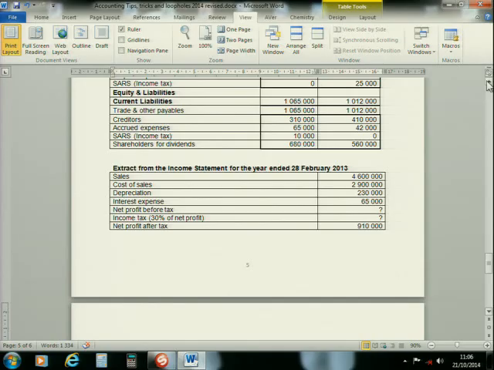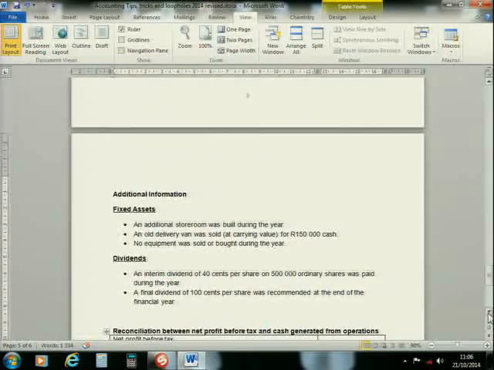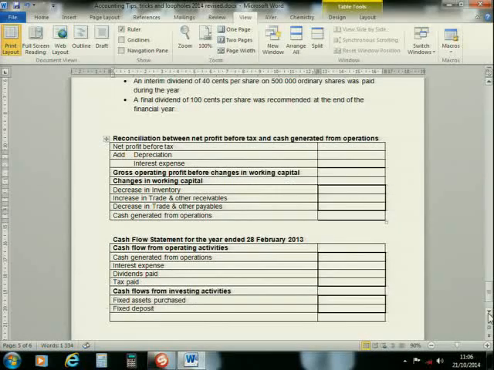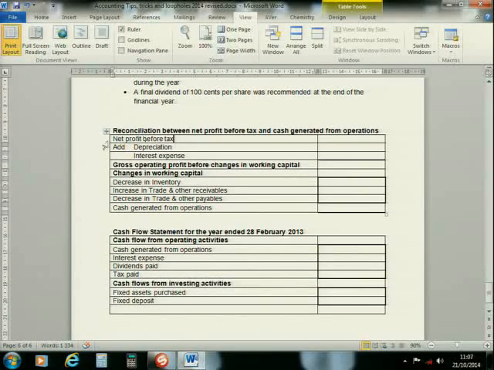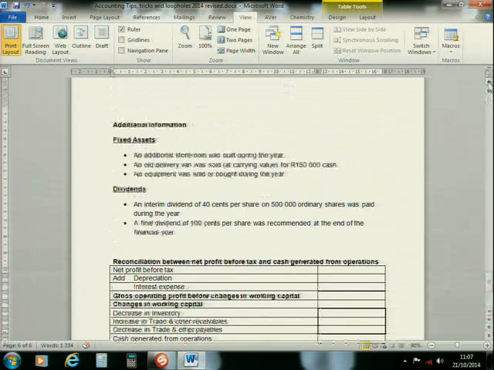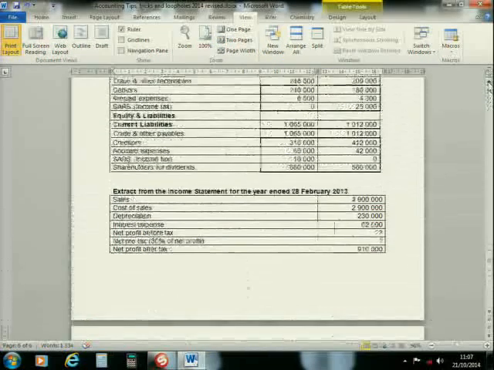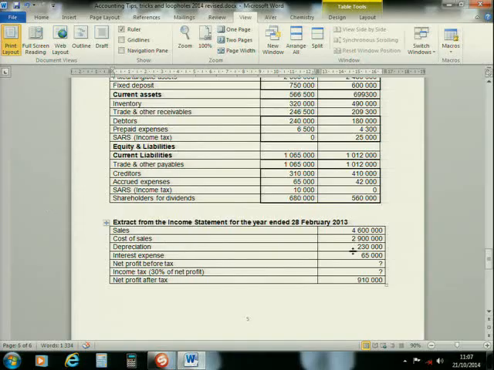Remember what I said earlier on: doing this top part of your reconciliation, you get information from your income statement. That is the reason why I'll go straight to my income statement, or an extract from it. There you are. From this, I need to pick up the relevant information.